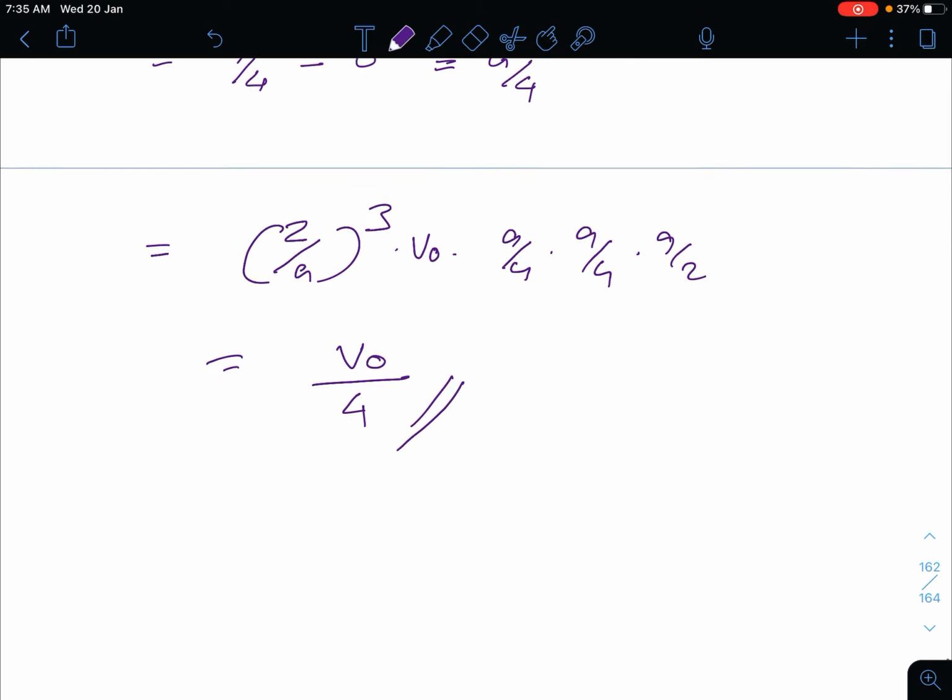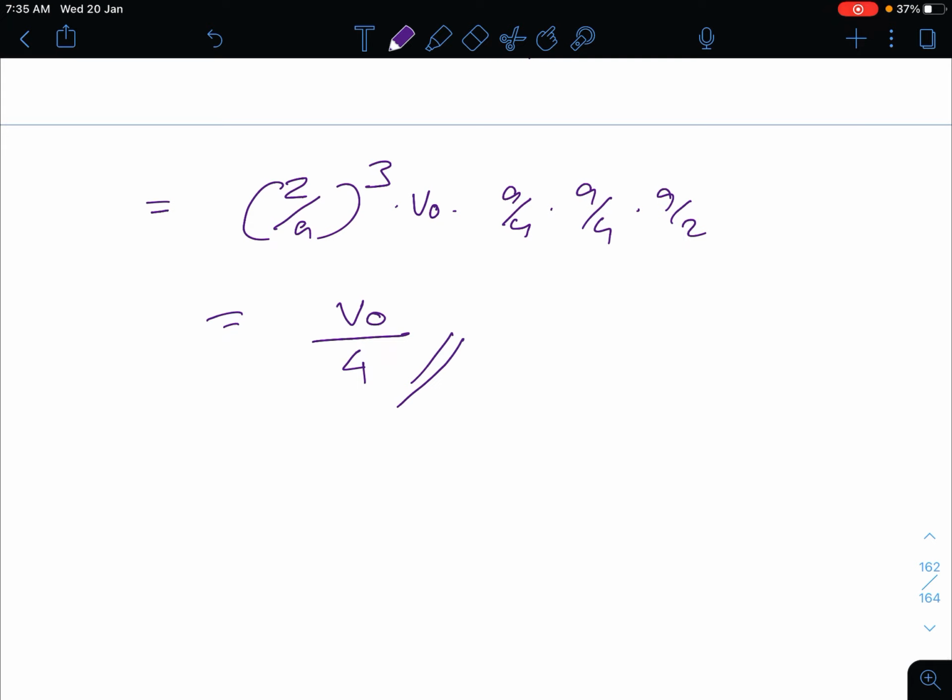Obviously that's the expected result. When you apply this kind of potential to the system, the ground state energy of the system will be corrected by V0 by 4 as the first order correction. So that's very obvious.